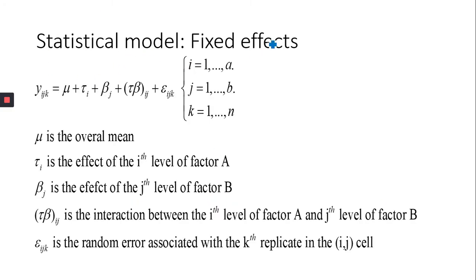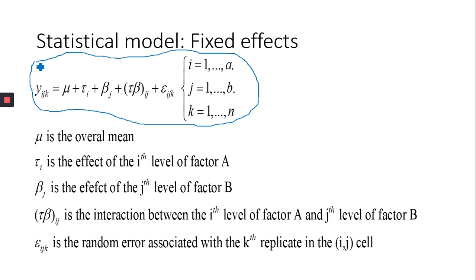Now, the statistical model, this model is for a single replicate. This is very, very important. But in our case, we have more than one replicate. Remember, we have 4 replicates.